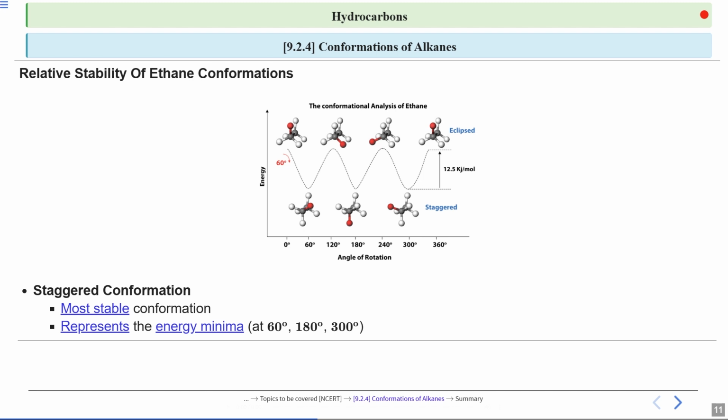You can also see one very important thing: the eclipsed and staggered conformations of ethane differ by an energy of 12.5 kilojoules per mole. It means the staggered conformation is stabilized by 12.5 kilojoules per mole of energy.